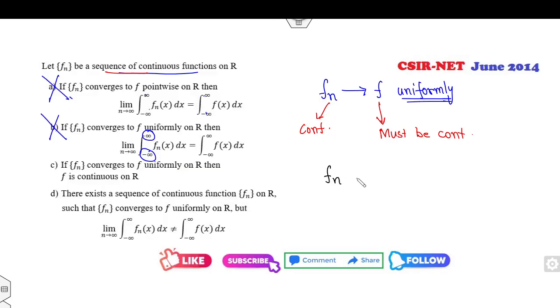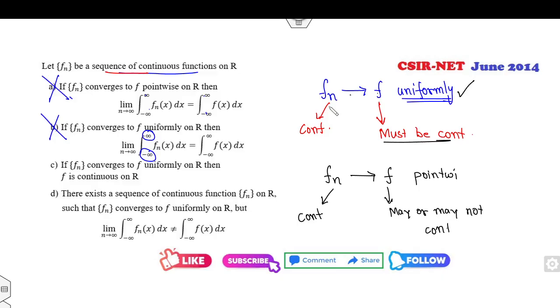Make sure, students, if Fn converges to f pointwise and Fn is continuous, then f may or may not be continuous. But if Fn converges to f uniformly and Fn is continuous, this implies f must be continuous. Yes, this option is my correct option.